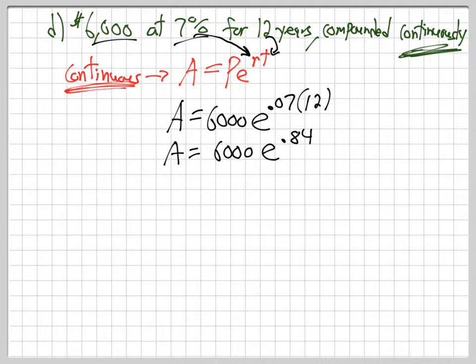So on your calculator, it's a little different. You might have to hit second and the natural log button, because right above the natural log button is the e to the x usually. So you got to get that thing that's above it. Usually that's how it works on most calculators.